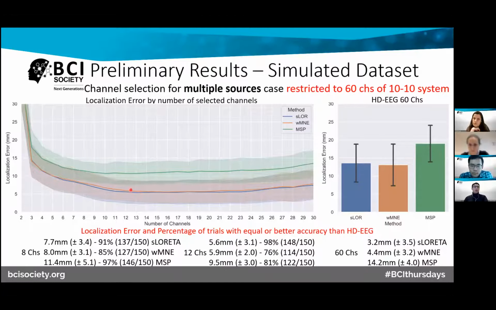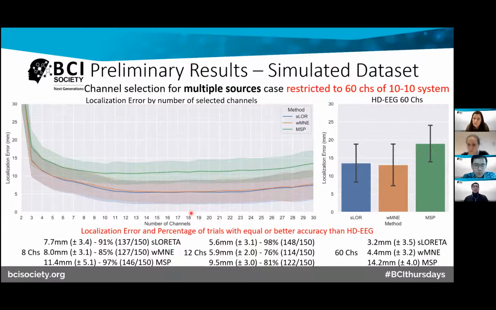Sometimes they are not the best for mapping the different locations. So anyway, we found that in many of the trials, more than 91%, 85% and 67% with 8 and 12 channels, we obtain equal or better accuracy than high density EEG.